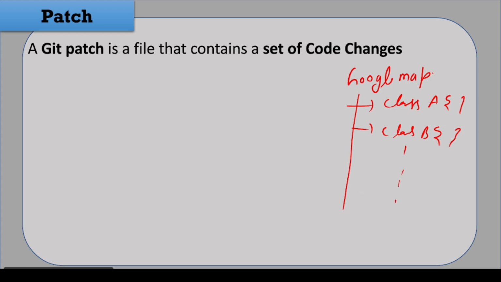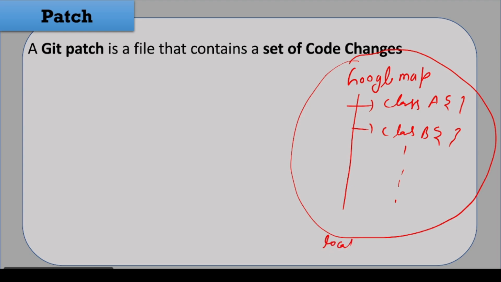And you want to share this code with your colleague. What you can do is create one patch file called location_changes.patch, and the extension of this file is .patch. You can share this patch file with your colleague. This patch file will contain all the changes related to this Google Map.